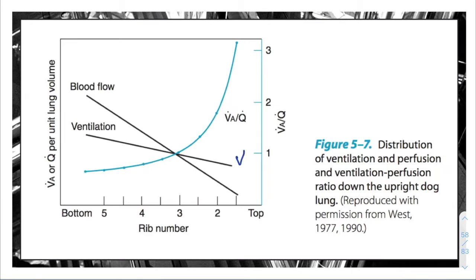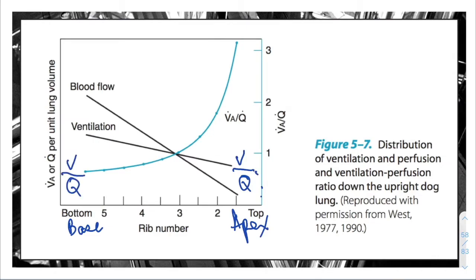Again, to review your ventilation perfusion relationship. At the apex, you have a high VQ. When you have a high VQ, your oxygen tension is increased compared with the base of the lung, which has a low VQ.